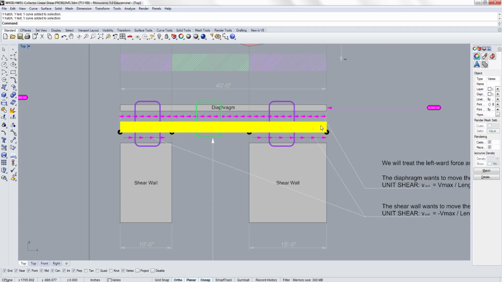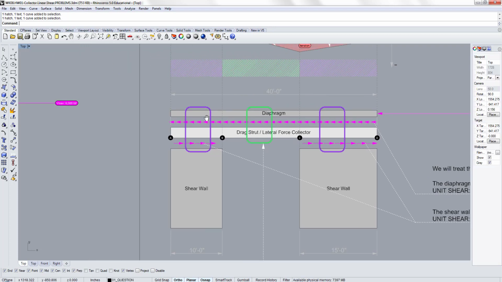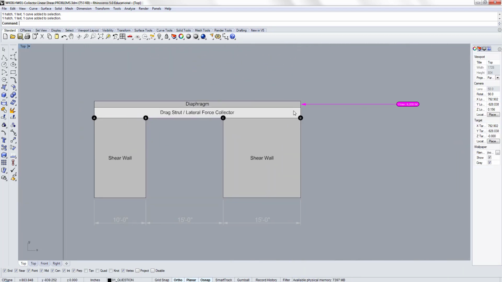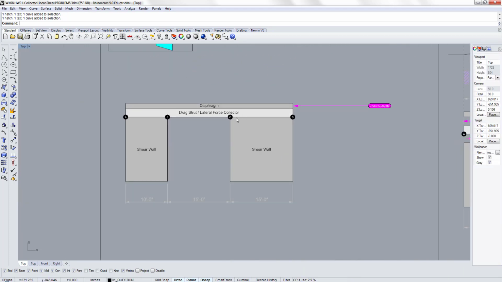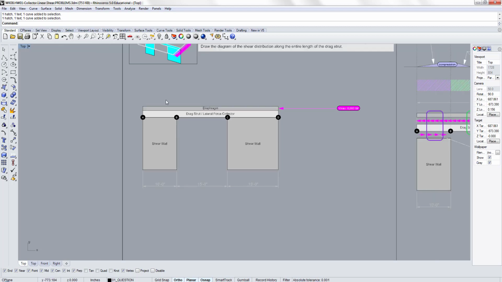So that's what we are trying to analyze. And the typical question in your homework would be: at which point does this beam experience maximum compression and maximum tension? And it's always going to be at these points, right? It's usually not in the middle of this beam.